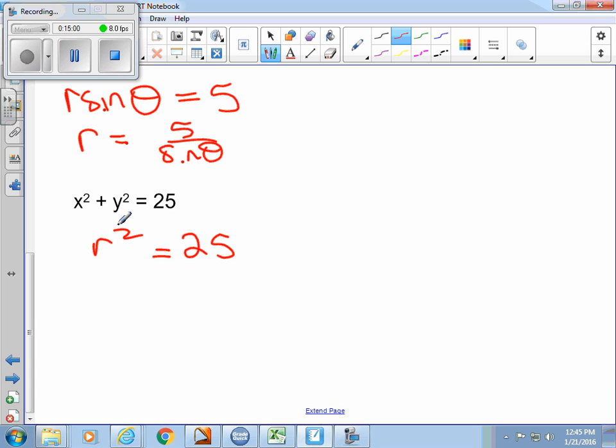You'd land in the same place, it'd take you longer, but you'd get there eventually. So r equals 5. Technically it is plus or minus 5, but r equals 5 will generate the same thing as plus or minus 5. You're saying r, the radius, is always 5. Won't that generate a circle on a polar graph? Makes sense.